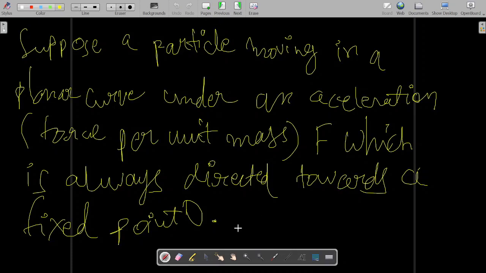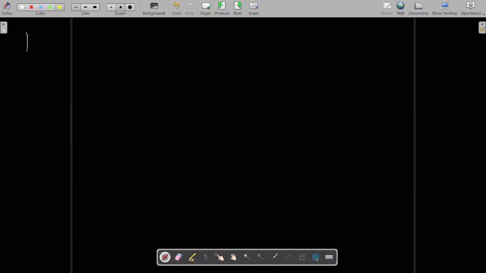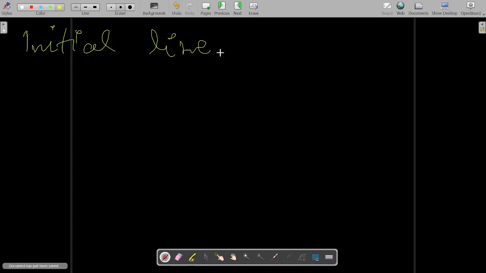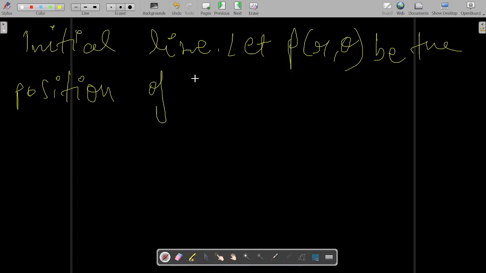Let P(r, theta) be the position of the particle at any time t.